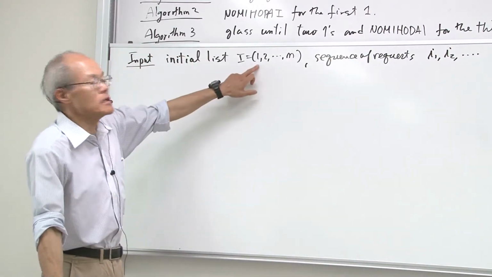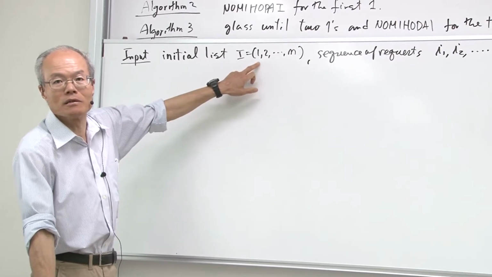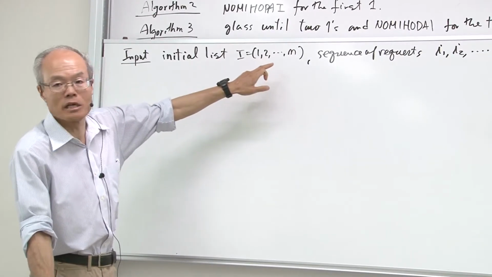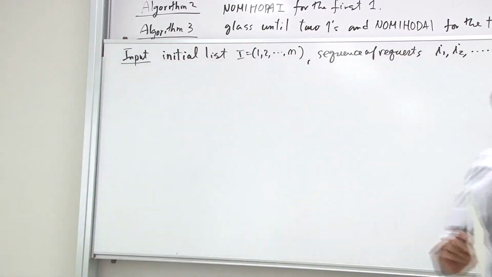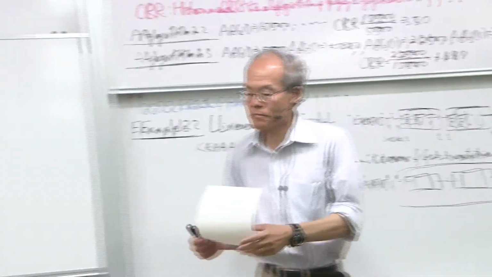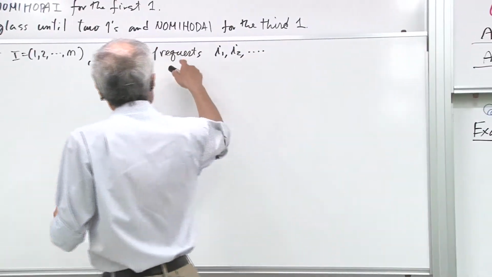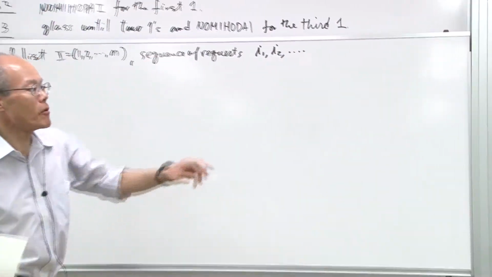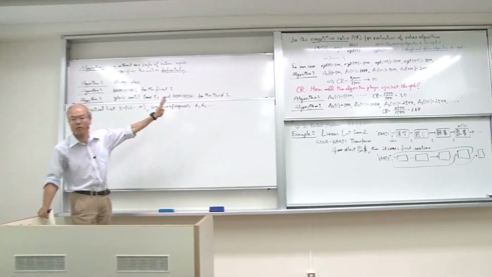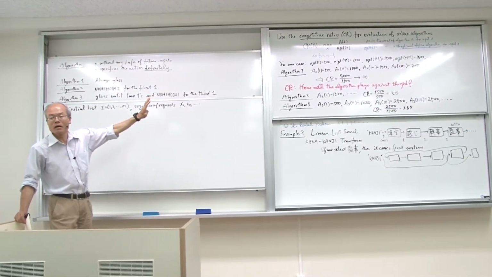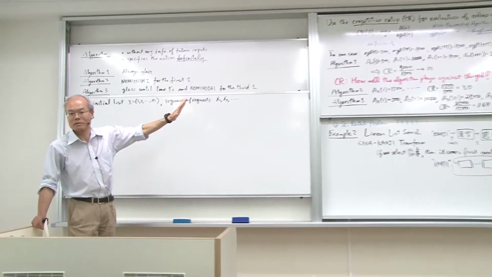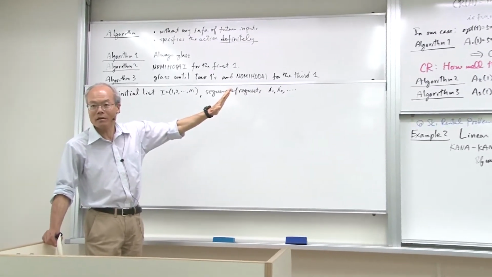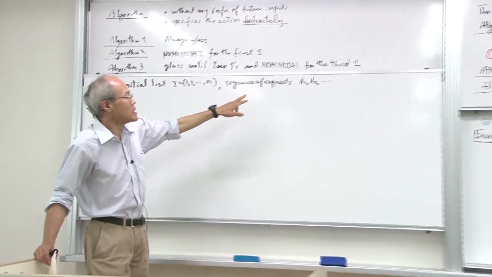Without loss of generality, let's assume that the initial list is 1 to n: 1, 2, 3, n. So this is 1, this is 2, this is 3, and this is 4. Okay? And the sequence of requests is, for example, the first request is 4, maybe the second request is 5, third request is 1, and so on and so forth. Okay? The sequence of requests.